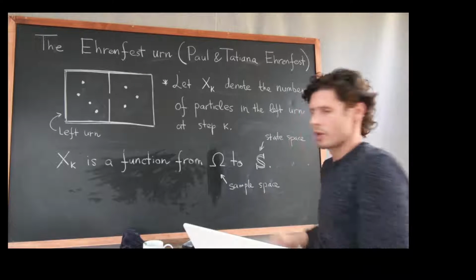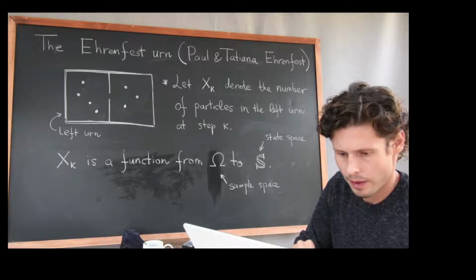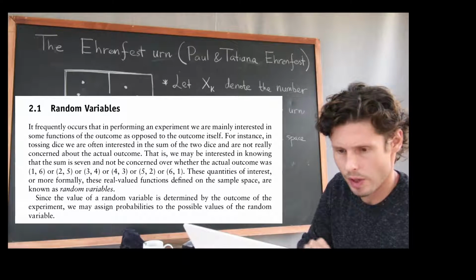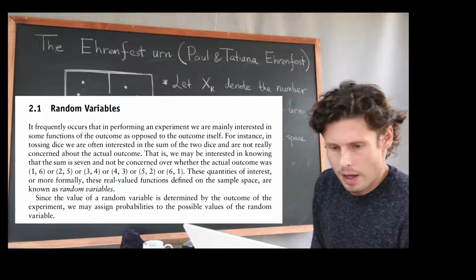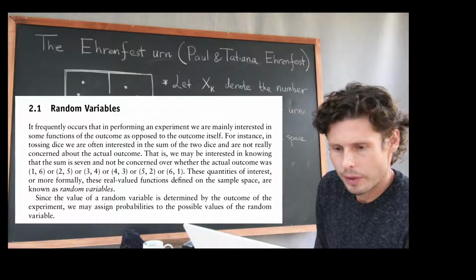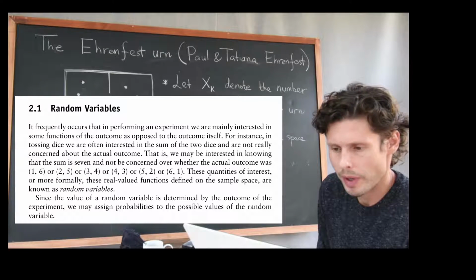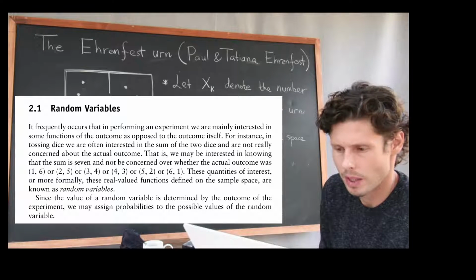We could try to discuss a little bit what these notions are for. So if we go back to Ross's example or description, if you read from the beginning, it frequently occurs that in performing an experiment, we're mainly interested in some functions of the outcome as opposed to the outcome itself.